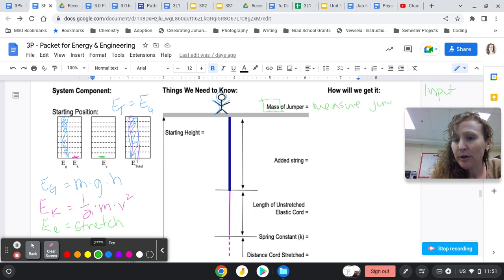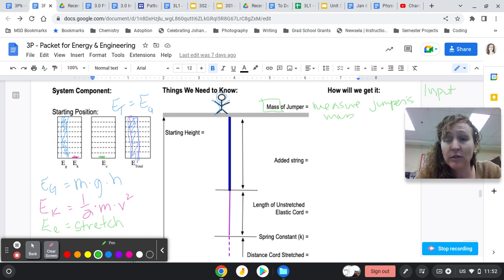Measure jumper's mass. For our simulation, we're just going to measure the mass of whatever we drop, the Barbie or the water bottle. Starting height is another input that can possibly change if we throw the bungee jumper off of a stairway or a balcony.